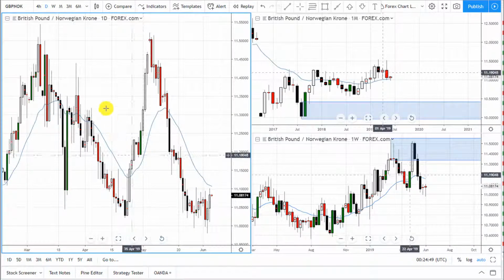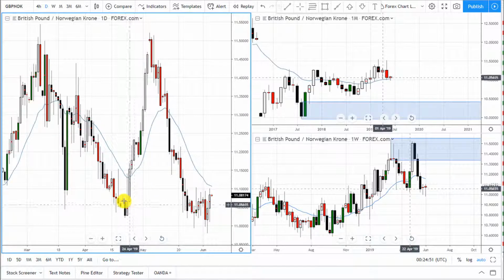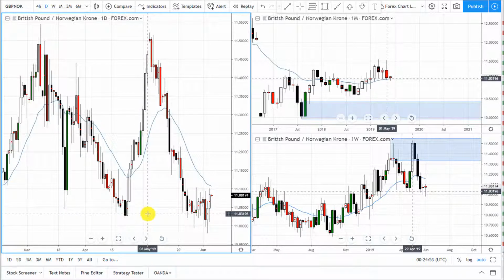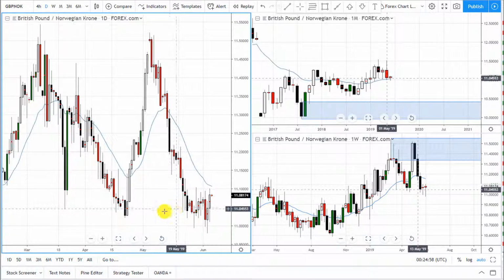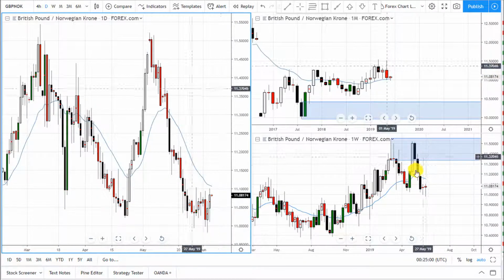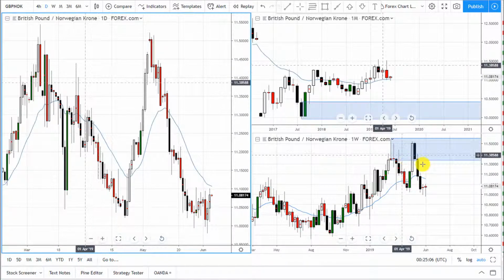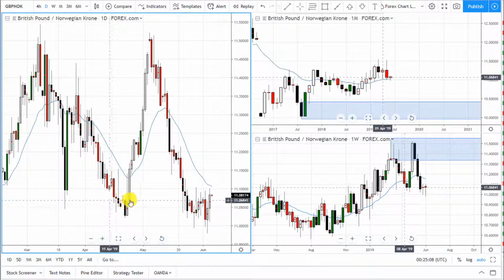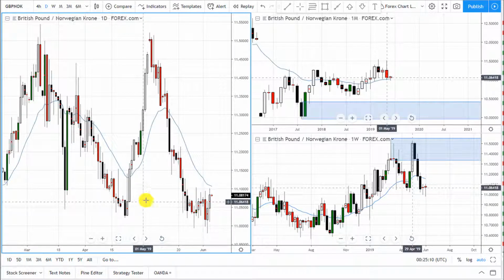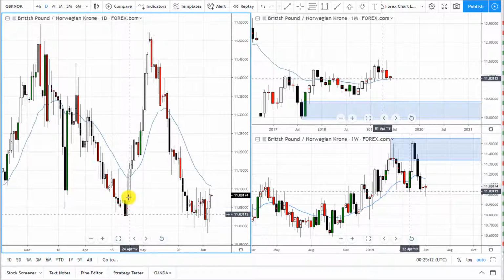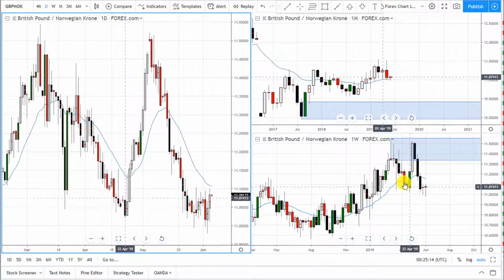And then on the daily, we see that demand was created right here, but then since the weekly we had these bearish candles, it gave us a clue that this was not going to work, just because this candle is the same as this candle right here.